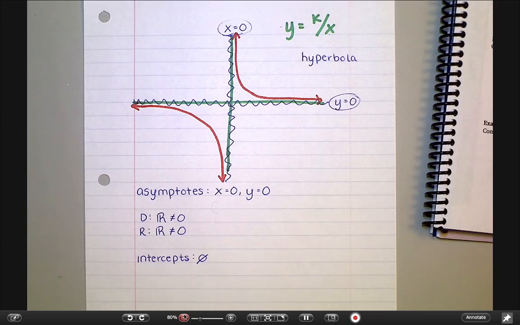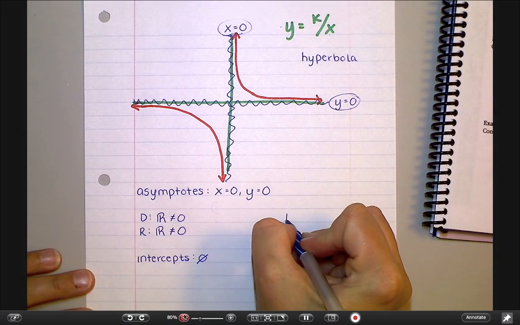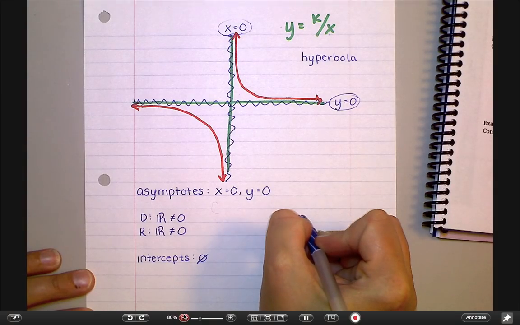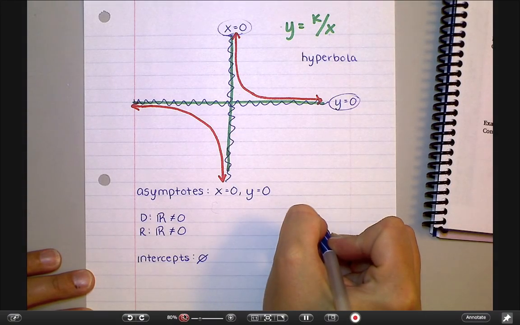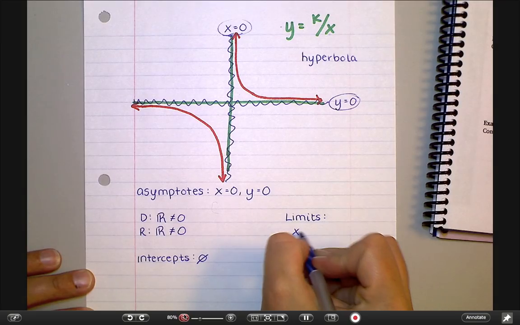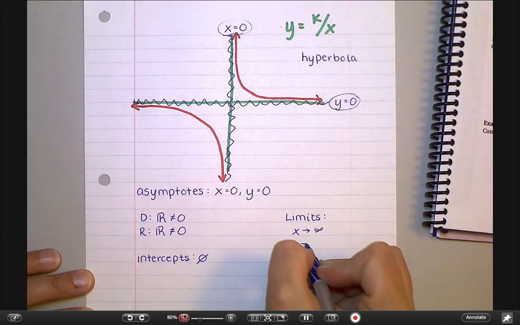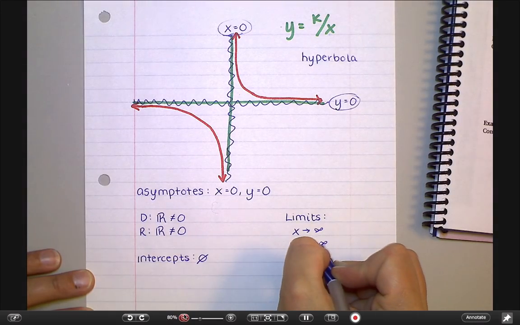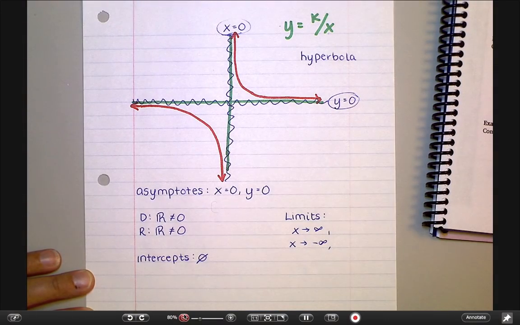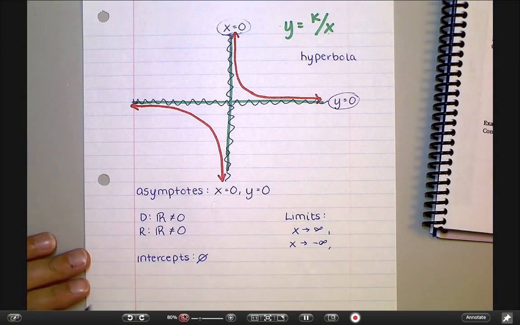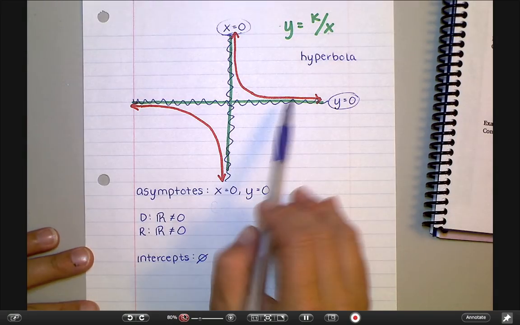I think the most interesting part of this graph, though, is the limits, there at the end of your table. These were the things we talked about yesterday, where we said as x approaches infinity and x approaches negative infinity, what's happening to your graph. And yesterday, all of the ones we looked at either went up forever or went down forever, right? They always approached infinity. But look at this one.